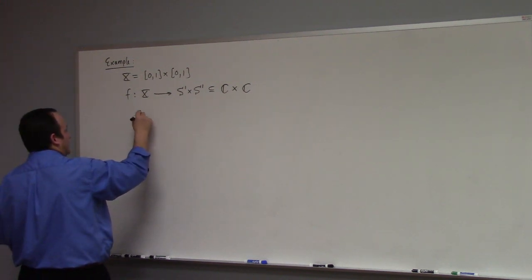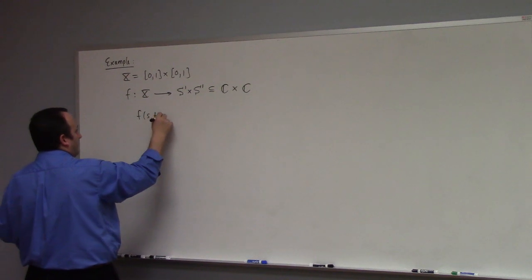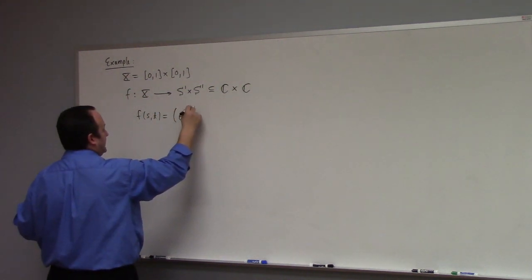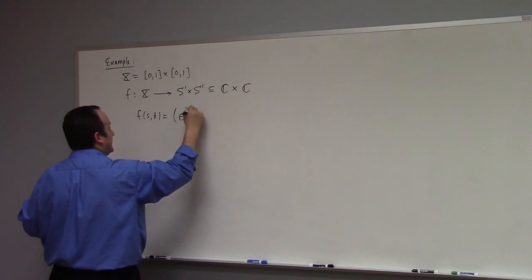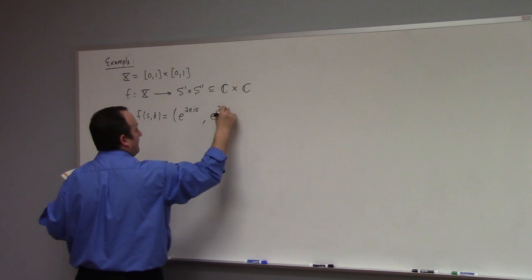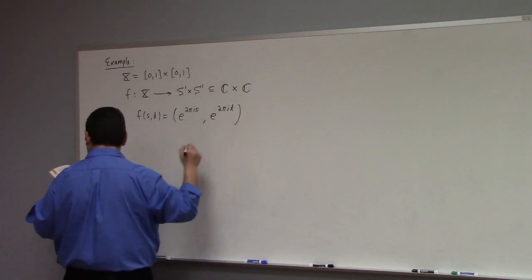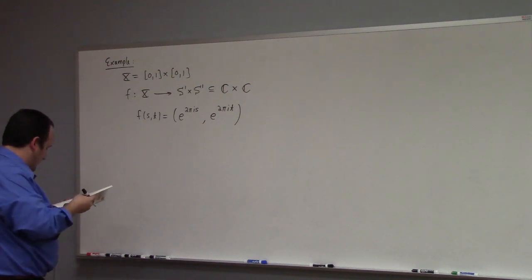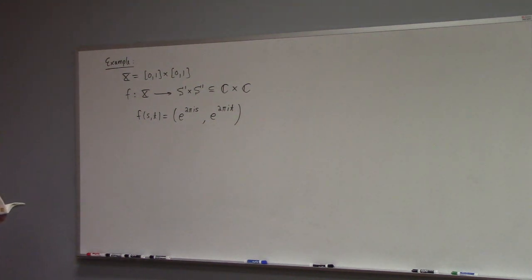He says f of s,t equal to e to the 2 pi i s, e to the 2 pi i t, right? And he says that the level sets of f are singletons inside the square and pairs of opposite points on the interiors and boundaries of the intervals of x.